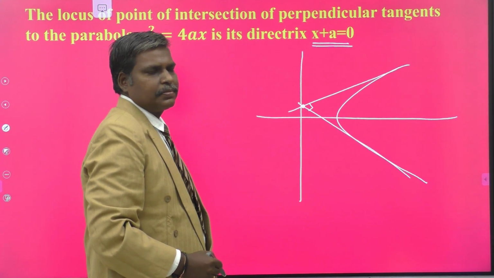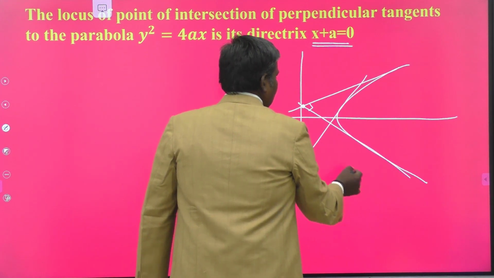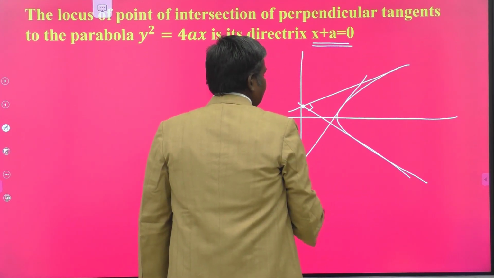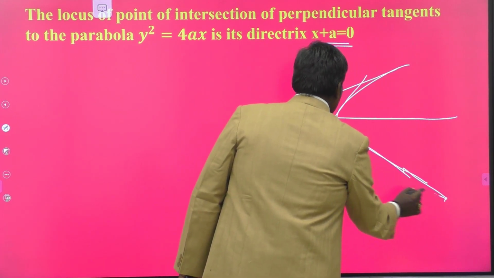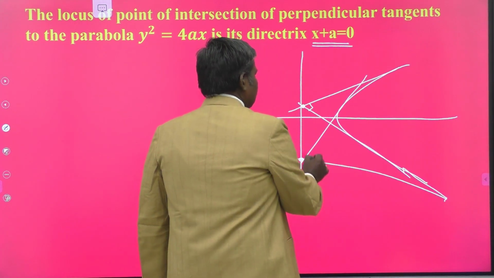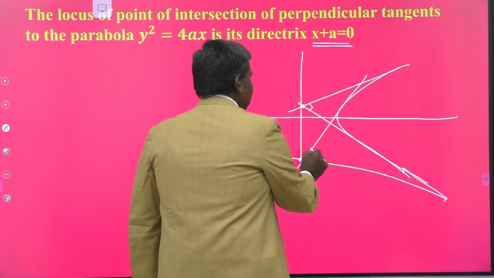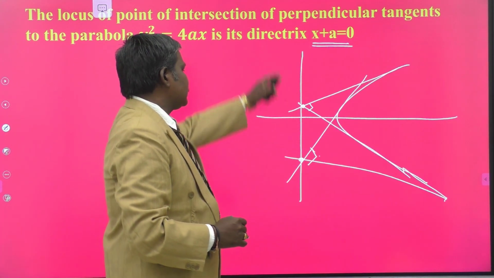Directrix. You take another pair of tangents. If the angle between them is also 90 degrees, then this is also on the directrix. The locus of the point of intersection of perpendicular tangents to the parabola is its directrix.